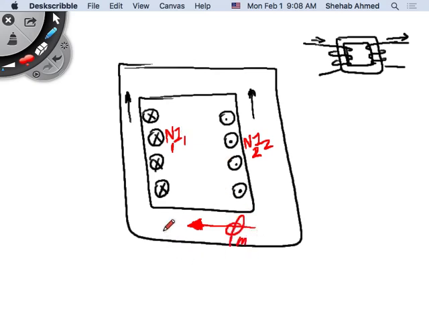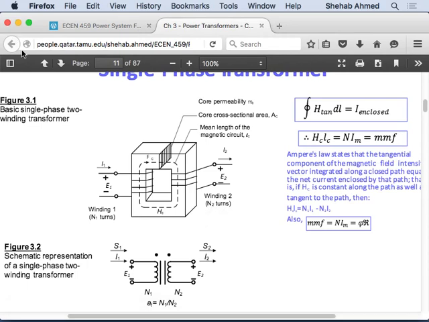Okay? So let's first write it down and then see. For an ideal transformer, we will assume that the flux flowing in the core has no reluctance at all. The core is ideal. There are no losses around the core, so there's no additional effort required to push flux through the core. It's 0 reluctance, right?